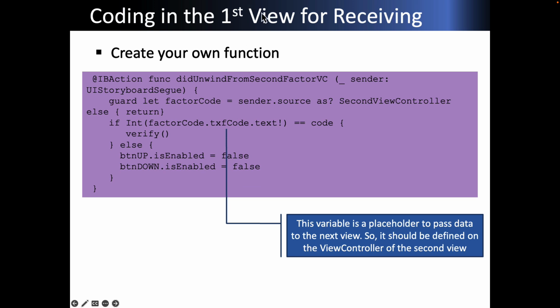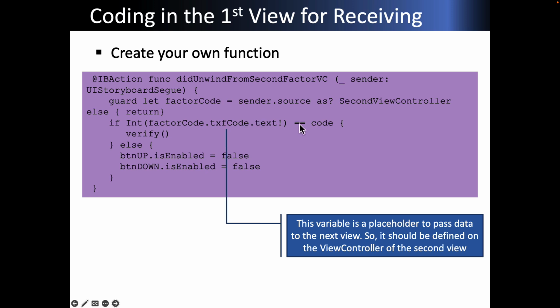So we are now working on the first view controller. In the first view controller, we need to first define a constant called the factor code. The factor code is nothing but second view controller. So in the second view controller, there is a variable called the text code. That text code has some text typed by user. So we take that text.